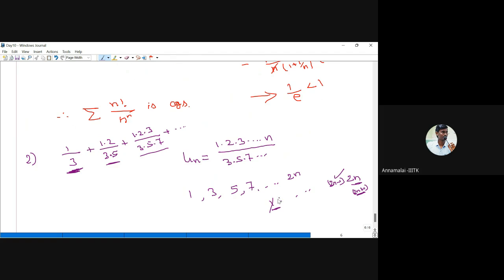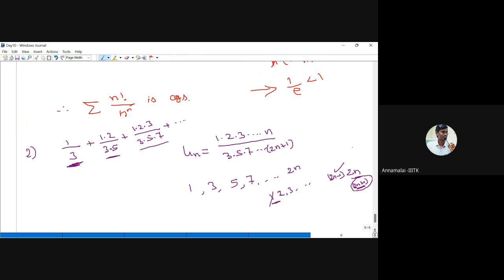Here the (n plus 1)th odd number is 2n plus 1. If you consider from 1 to 2n, the nth one is 2n minus 1, but here we start from 3. Therefore this is 2n plus 1, and this is the nth term. Any doubt?